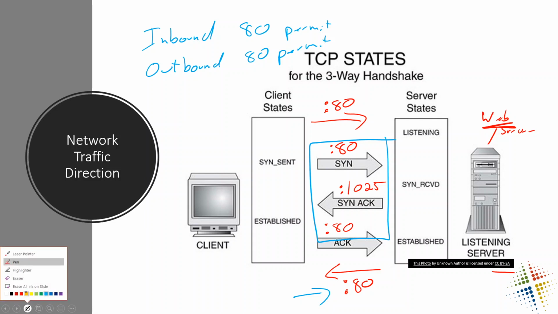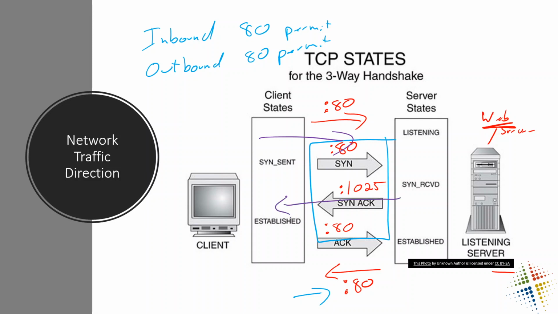Now the first rule, allowing port 80 in, is going to go right through. But because the return traffic is coming back on a port that is not port 80, this outbound port 80 permit is never going to be hit, and therefore the client will keep requesting communication with the web server. The web server will try to respond, but the firewall will block it.